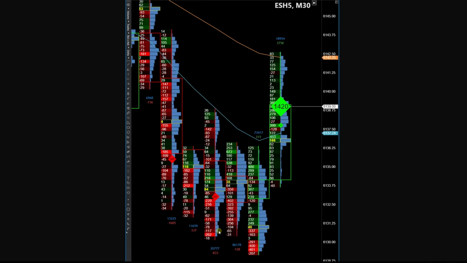They are being squeezed out of their positions because we can see that large influx of delta to the buy side as we are going against these bearish clusters. So on the way down, those bearish traders were in control until they stopped getting what they wanted.